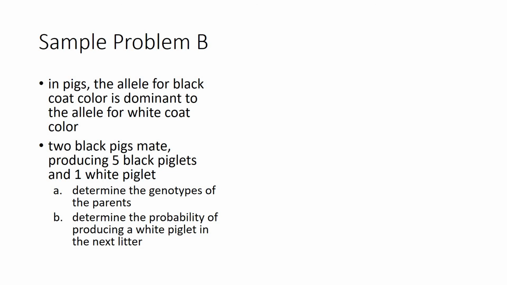So here's an example of a question that doesn't necessarily need to start off with a Punnett square. We got to figure out what the alleles are for both parents first. So let's take a look. I'm going to bust out my highlighter. So allele for black coat is dominant to the allele for white coat.